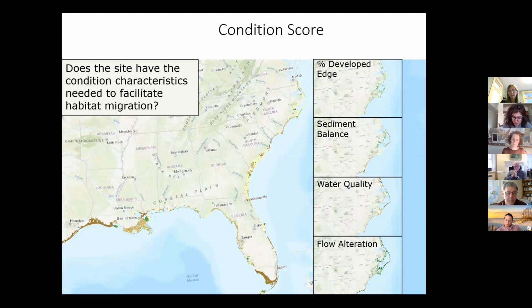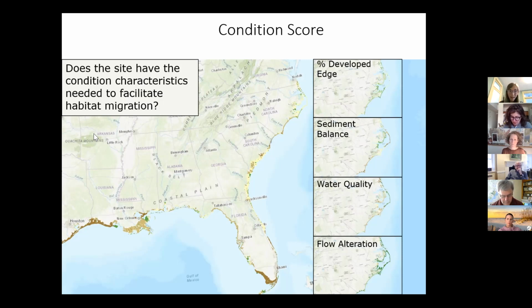And what is the condition score based on? When you think condition, think what do we know that we need in the landscape to sustain healthy marshes into the future? What are the factors that are going to degrade or even disallow marshes from persisting into the future? And so if we've got the physical space, do we also have the conditions that are appropriate for sustaining marshes into the future?